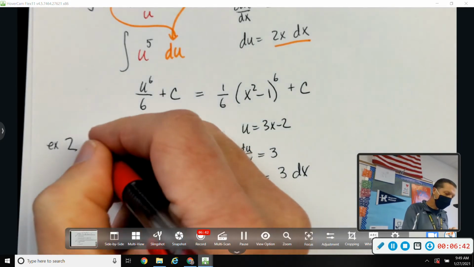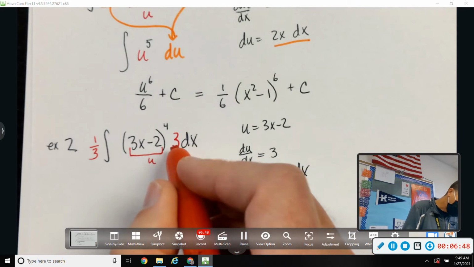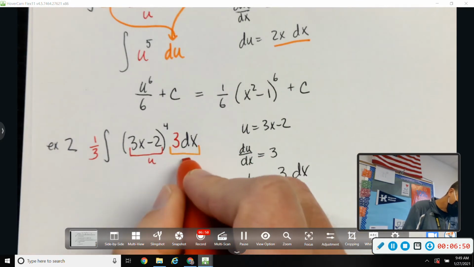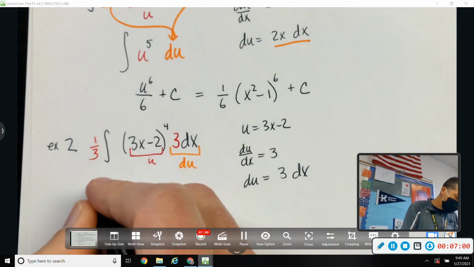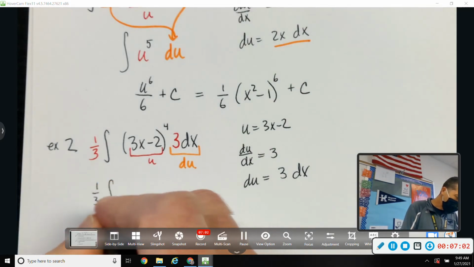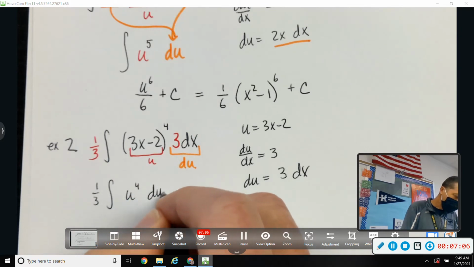A third. So put a 3 inside to make du show up, but then I put a 1/3 outside, so I didn't change anything. So now I've got 1/3 integral of u to the fourth du.